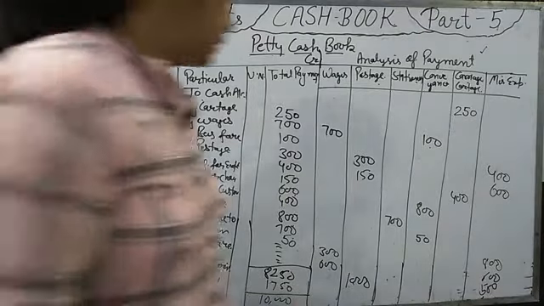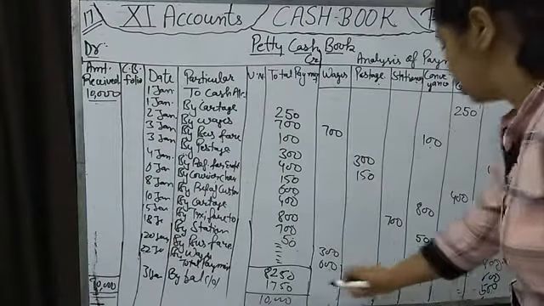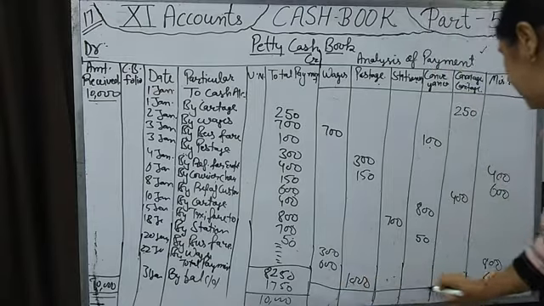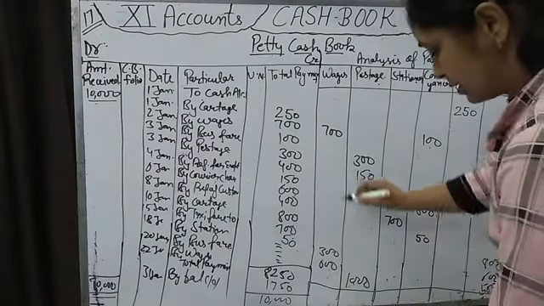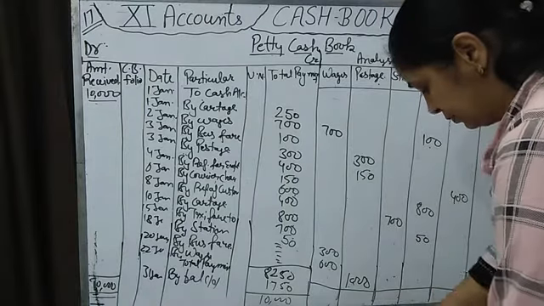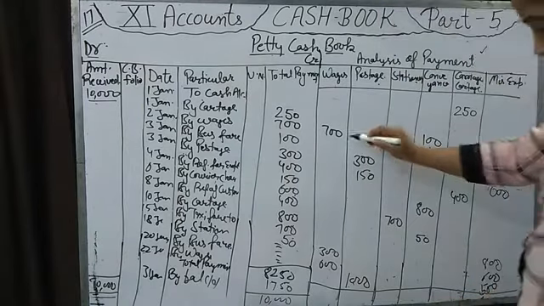And after that, you should do the total of all these columns also. Like total of this is 1600, 700.